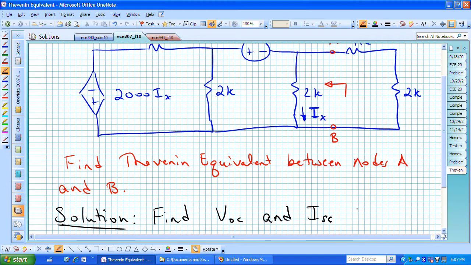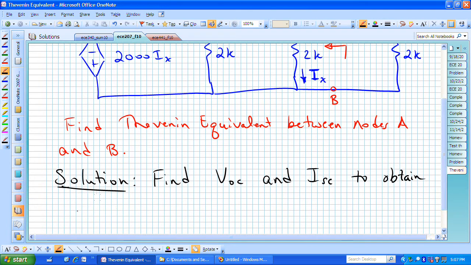With those circuits analyzed to find the open circuit voltage and the short circuit current, we'll use that to obtain our Thevenin equivalent, which we will describe as V Thevenin and Z Thevenin, where Z is our impedance.